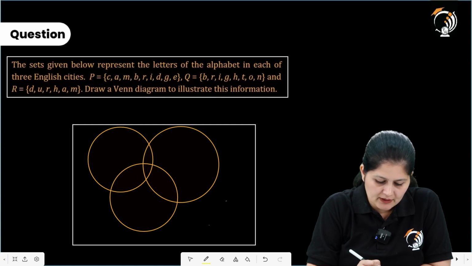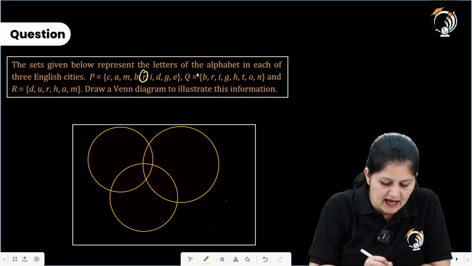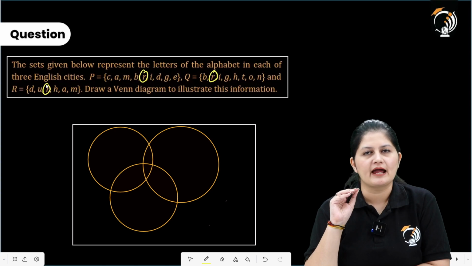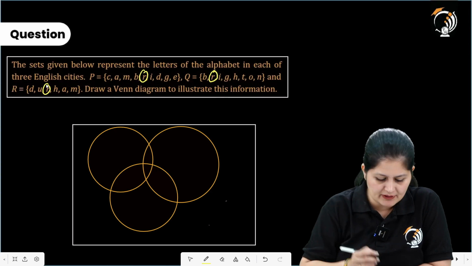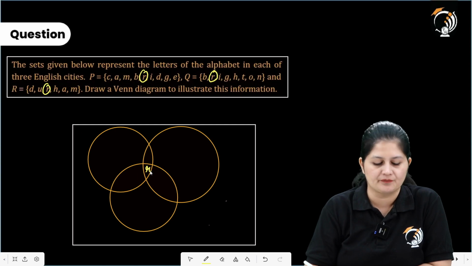M isn't common in all of them. B isn't common. R is common in all three of them. So can we observe that R is common in all three of them? So we are going to write it in the region where P intersection Q intersection R will be. So we are going to write R in this particular region.